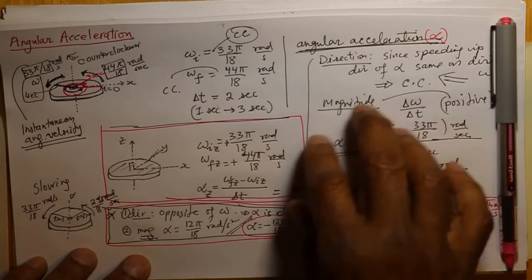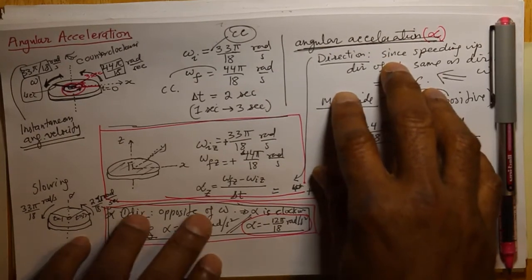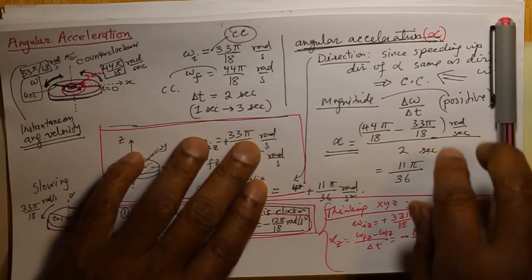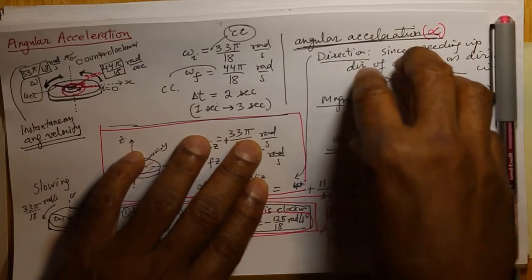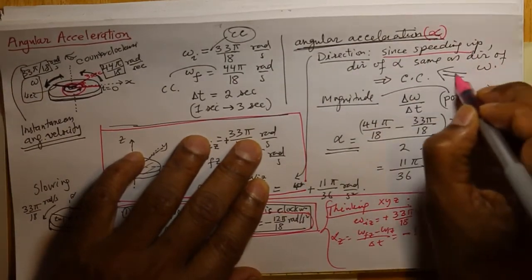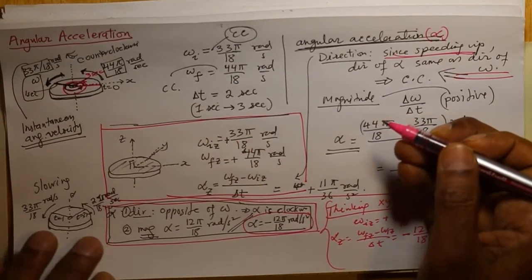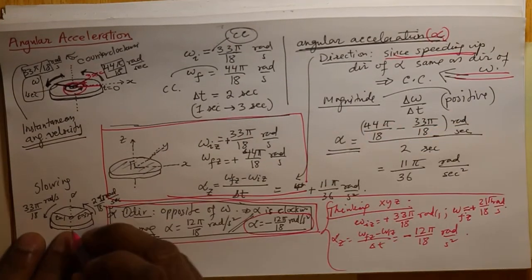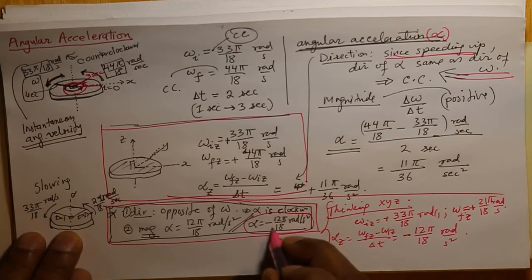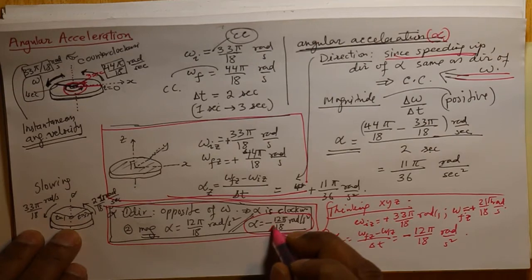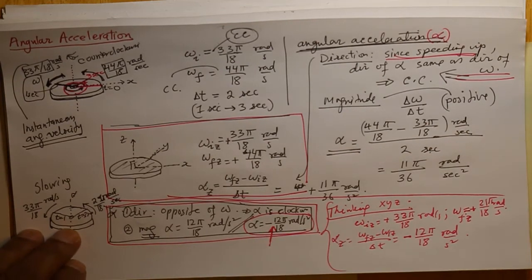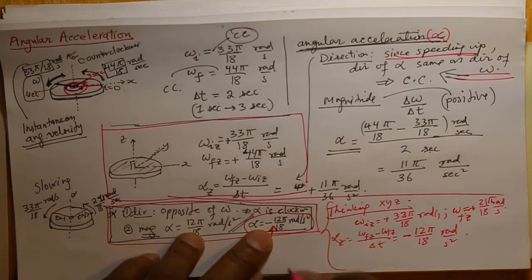You can see that acceleration is a very tricky thing. If I am accelerating when the speed is increasing, the direction is the same as omega. But if I'm slowing down, then the acceleration will be in the opposite direction and will carry a sign in my equations.